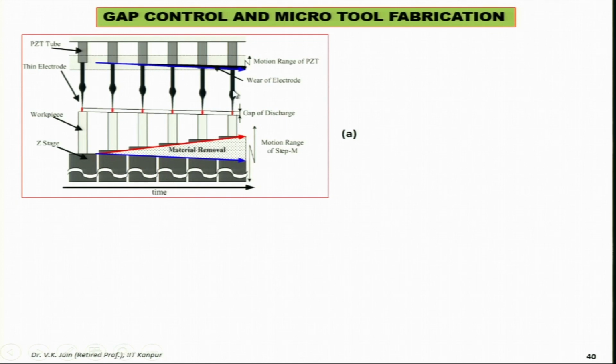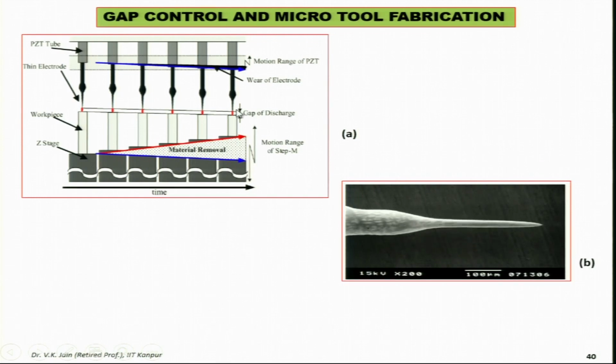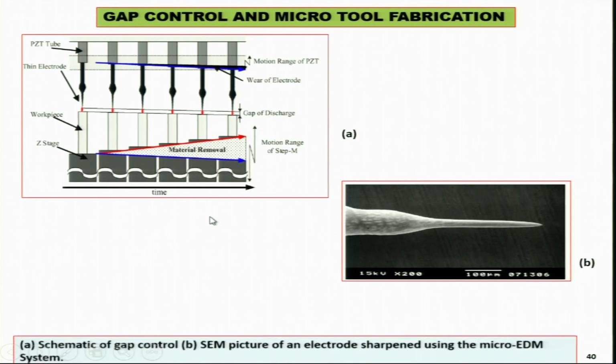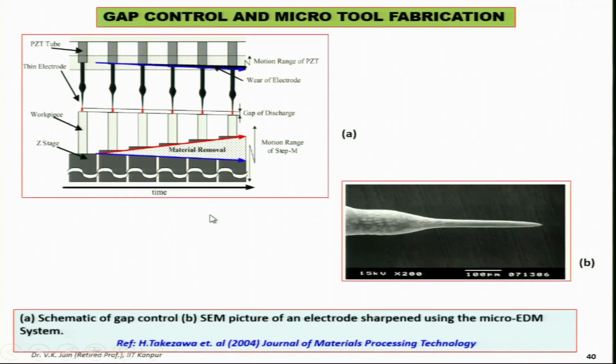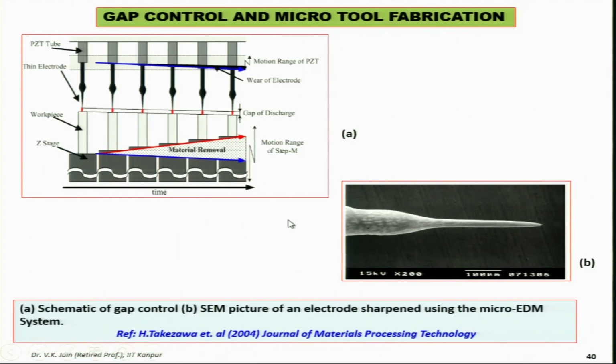You can keep feeding the tool downward to make the micro hole or cavity. Now such micro tools, which have dimensions of a few tenths of a micron, are very difficult to fabricate. We will discuss some of them, and we have discussed in detail while dealing with the EDM process also how to fabricate them.